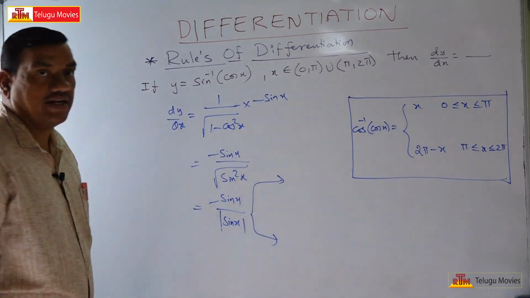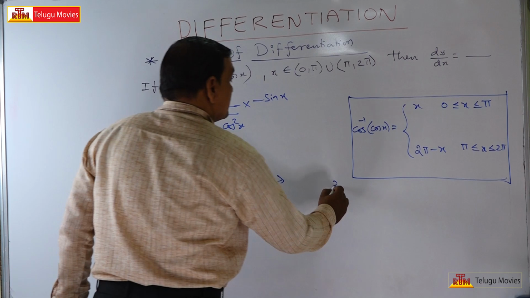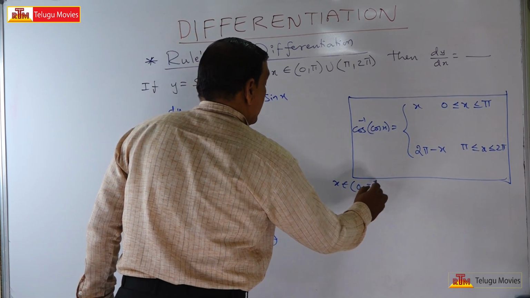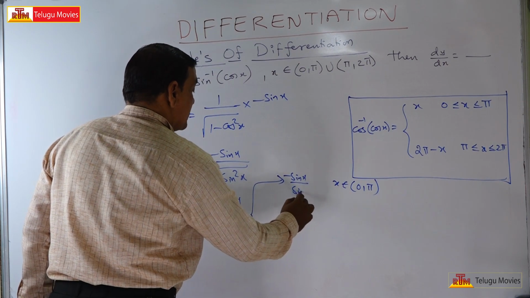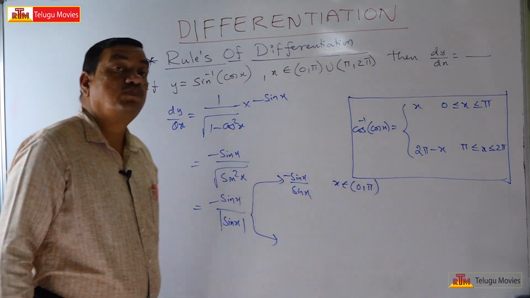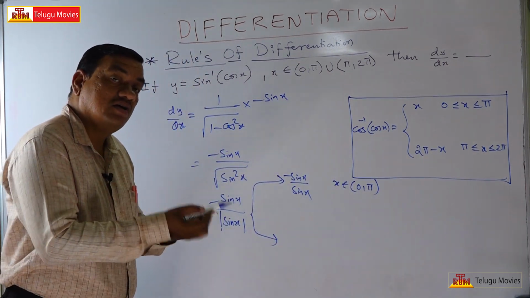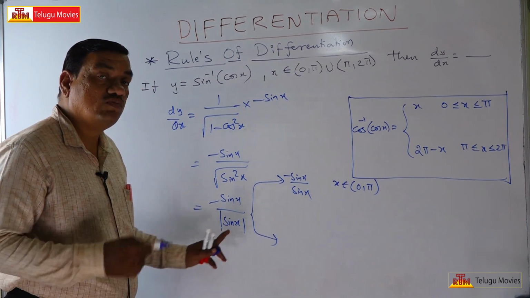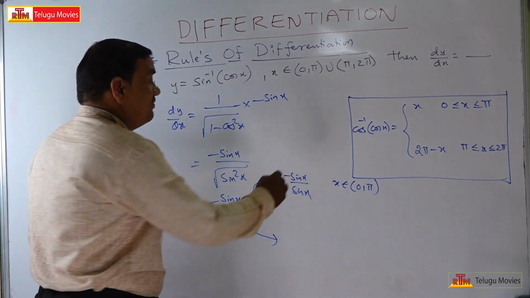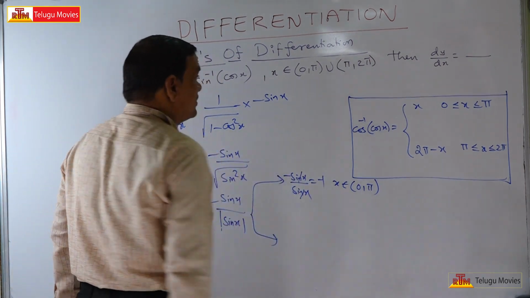If x belongs to 0 to pi, then minus sin x by sin x. Why? Because 0 to pi is the first and second quadrant, where sin x is positive, so modulus of sin x is sin x, and it will get cancelled, that is minus 1.